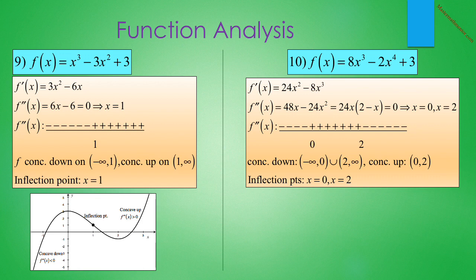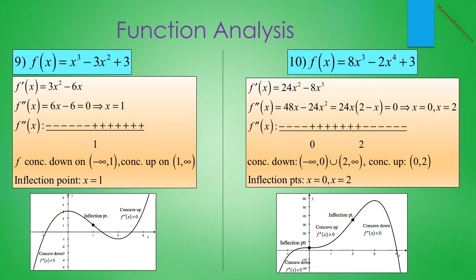We use those for our sign chart, and we find that our sign chart alternates, going from negative to positive to negative. Therefore, our curve is concave down on the interval negative infinity to 0 and 2 to infinity. It's concave up on 0 to 2. Finally, there are inflection points at x is equal to 0 and x is equal to 2.